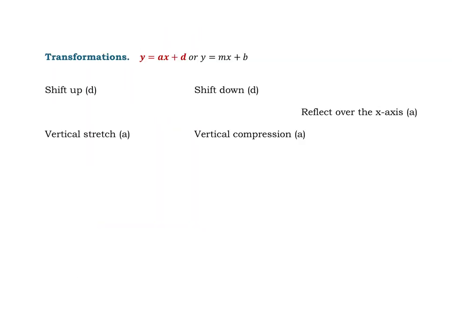Okay, so the next area that we're going to talk about today on linear functions are their transformations. The first thing I want you to notice is that I have written in red y equals ax plus d. And you're used to seeing y equals mx plus b.